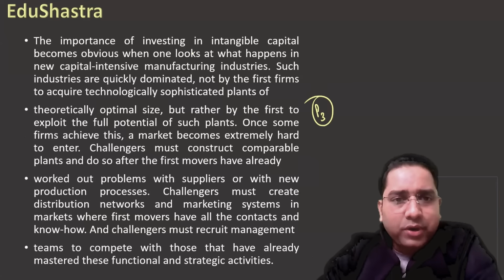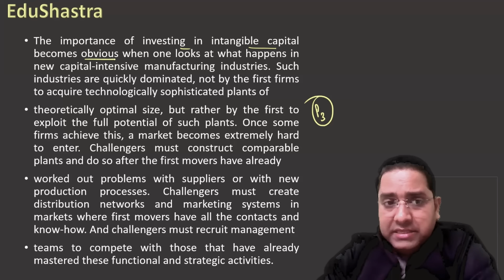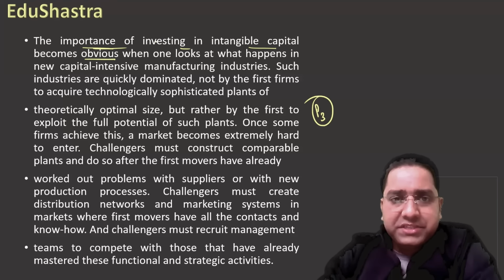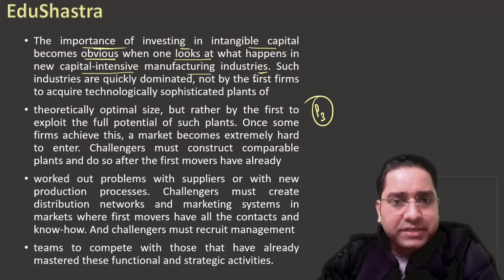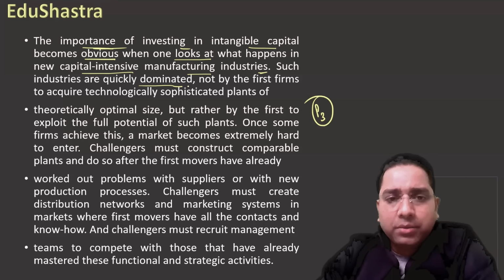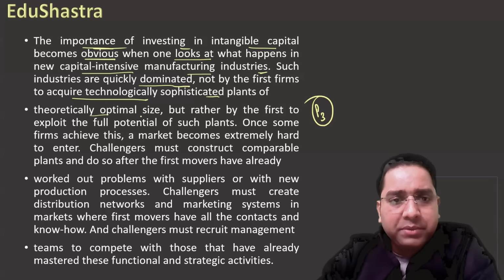See here, the importance of investing in tangible capital becomes obvious. The importance of investing in tangible assets becomes obvious when one looks at what happens in new capital intensive manufacturing industries. Such industries are quickly dominated not by the first firms to acquire technologically sophisticated plants of theoretically optimal sizes, but rather by the first to exploit the full potential of such plants.